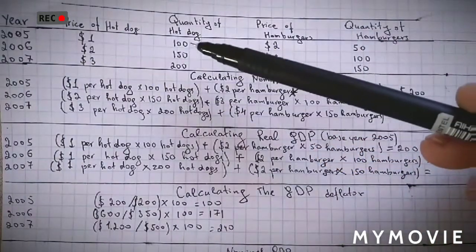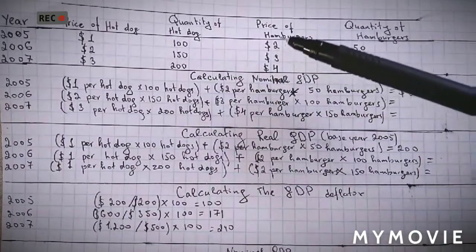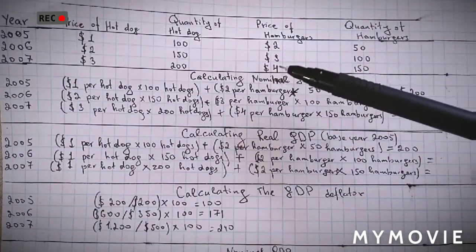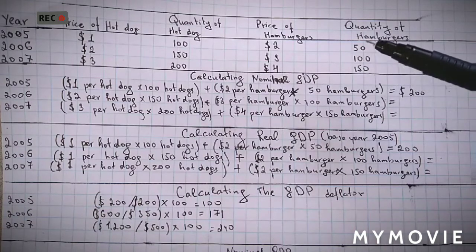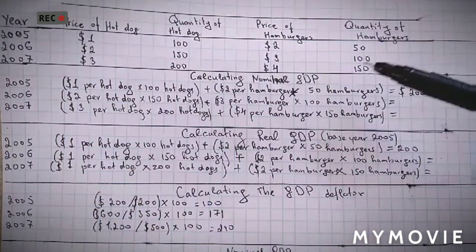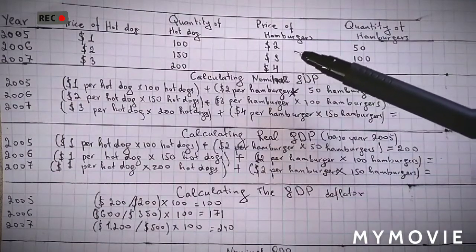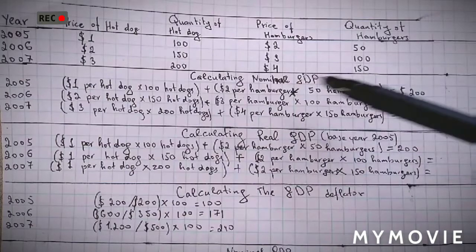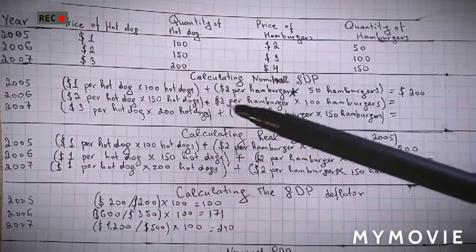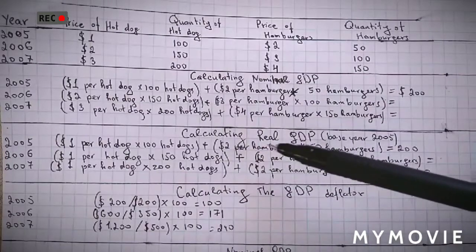And the quantities are 100, 150, 200, and the hamburgers' price is $2, $3, $4 for each year. The quantities are also divided: 50, 100, and 150 for each hamburger and for each hot dog. Okay, let's calculate the nominal GDP and the real GDP.